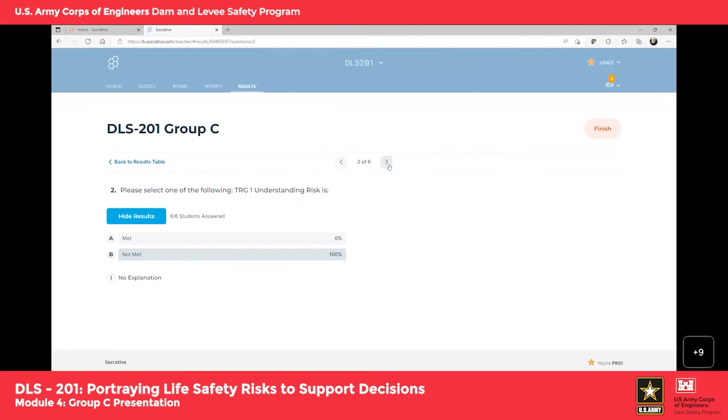So, for TRG2. Well, before we move on to TRG2, having said all those words, does anybody think that TRG1 could potentially be met for River Rock?